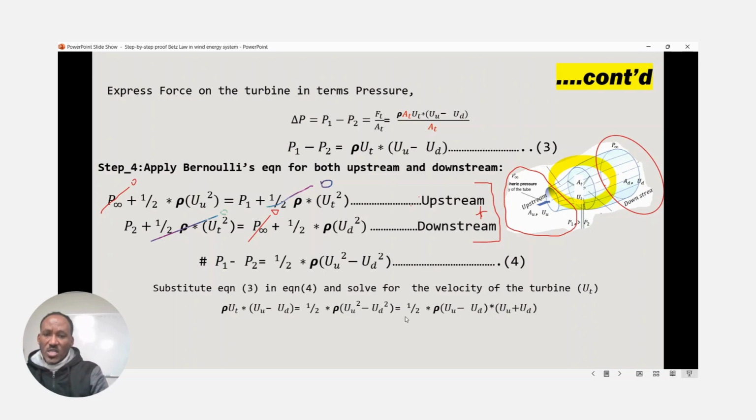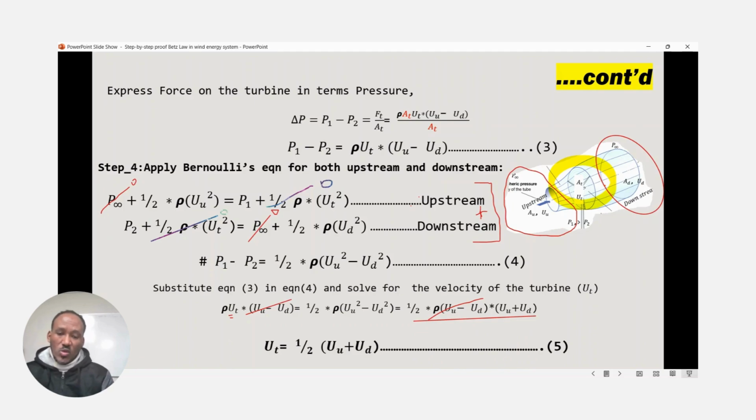Then divide all the way by UU minus UD times density, then solve for UT. Then velocity of turbine can be calculated as 1 over 2 open parenthesis UU plus UD close parenthesis. Let's say this is equation 5.